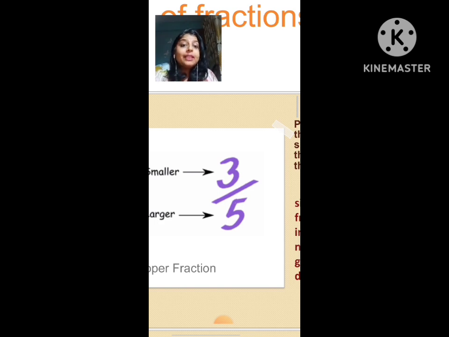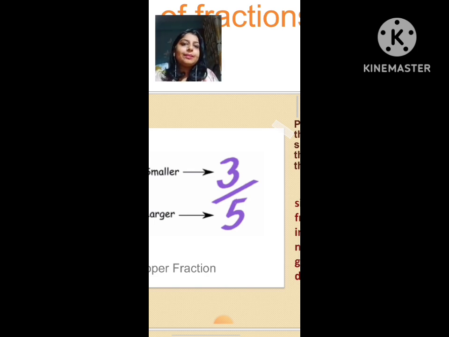But when the numerator is greater than the denominator, then it's an improper fraction, correct? So numerator smaller than denominator: proper fraction. Numerator greater than denominator: improper fraction. Now tell me whether it's a proper fraction or an improper fraction.